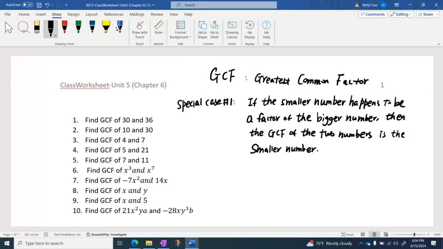This actually is not something new. We covered this at the very beginning of the class. This is the first special case.